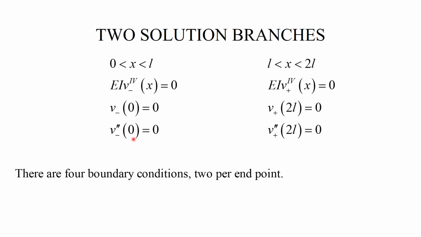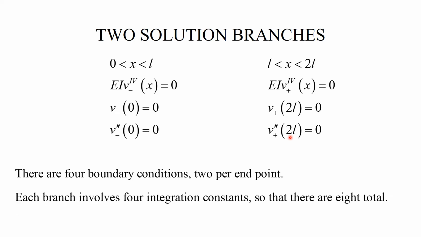This is the left support, this is the right support. However, each branch of the solution involves 4 constants, 4 here and 4 here, so that the total count of constants is 8. So clearly there is a deficit.